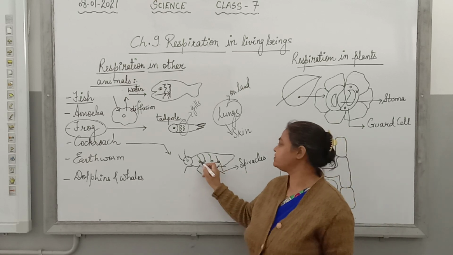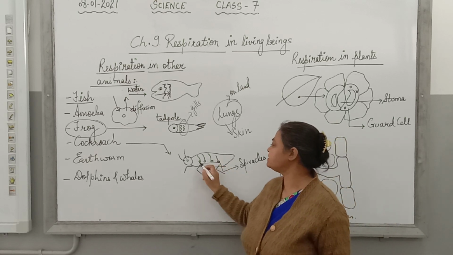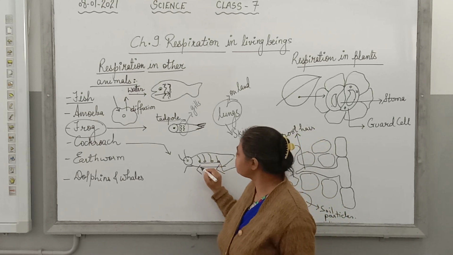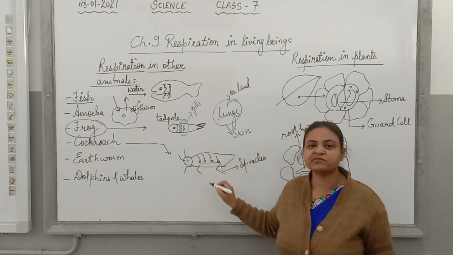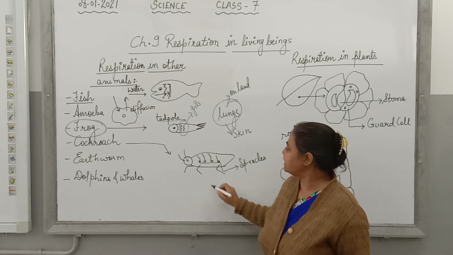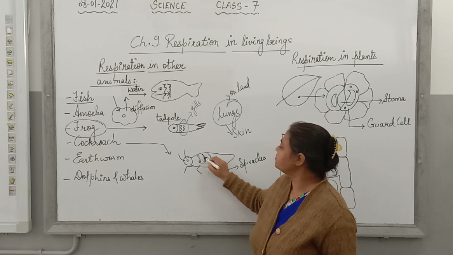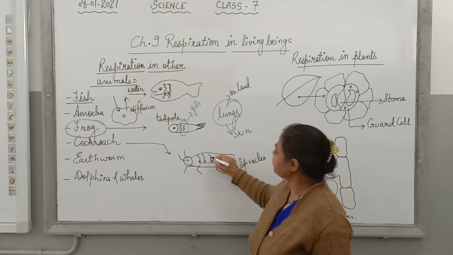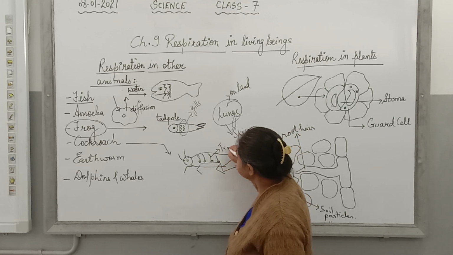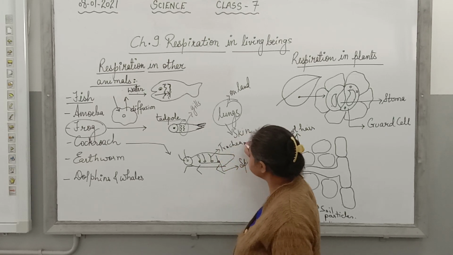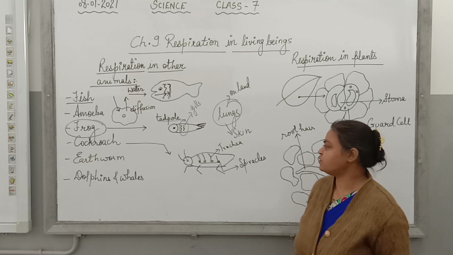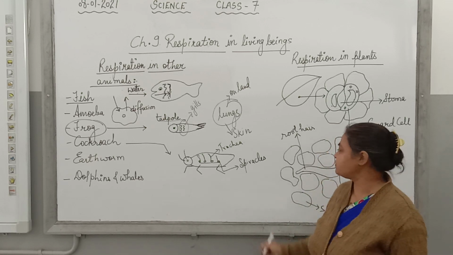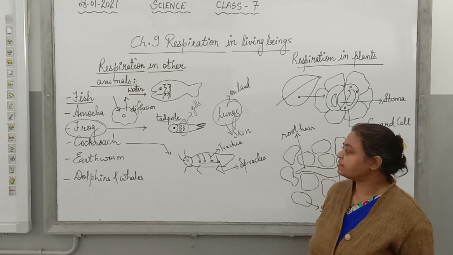On both the sides you will find this kind of structures. These are the holes through which the oxygen enters and carbon dioxide leaves the body. And these holes are connected with tubes called trachea. So the insects breathe through spiracles.